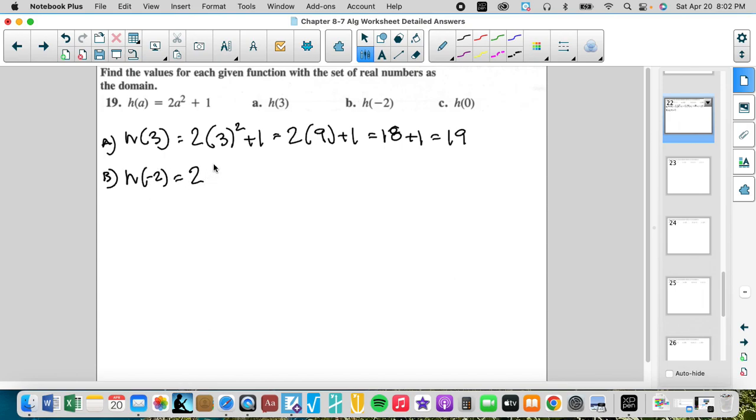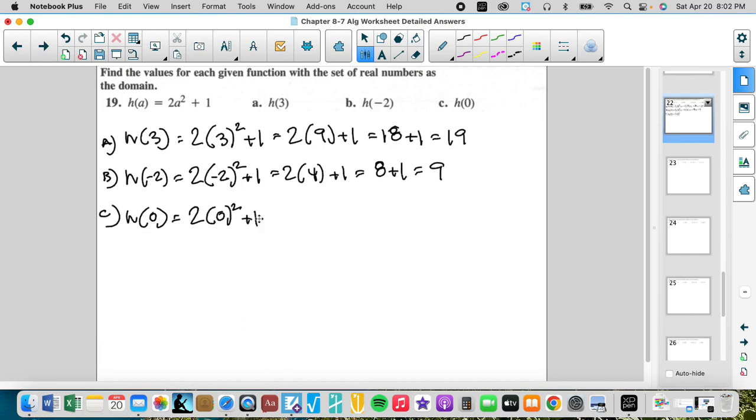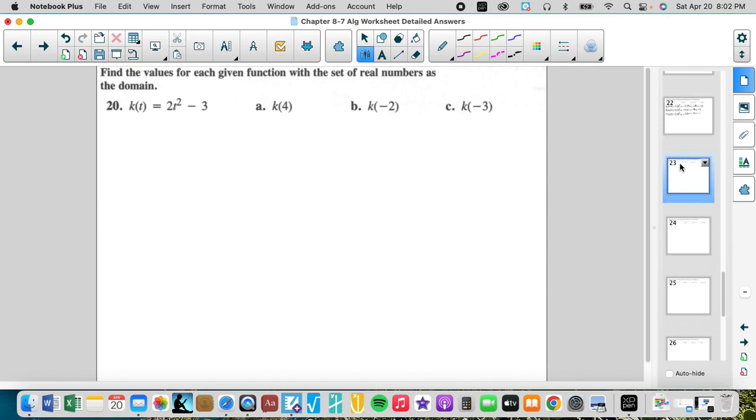So that is 2 times negative 2 squared plus 1, which is 2 times 4 plus 1, which is 8 plus 1, which equals 9. C, H of 0 equals 2 times 0 squared plus 1, 2 times 0 plus 1, 0 plus 1, which equals 1. All right, we'll see.